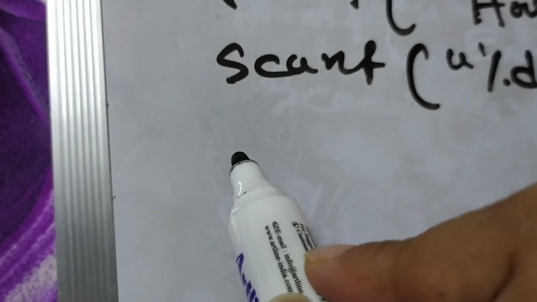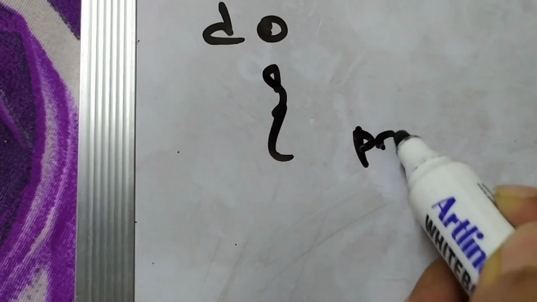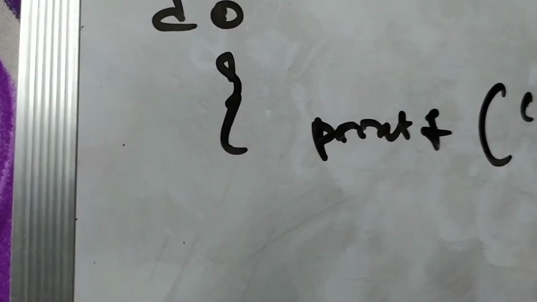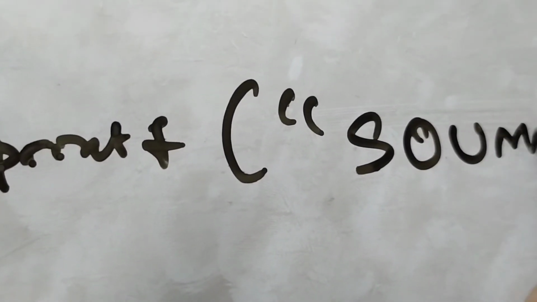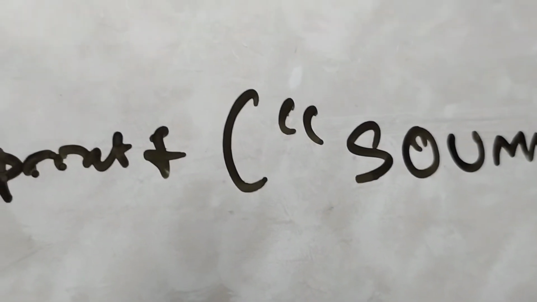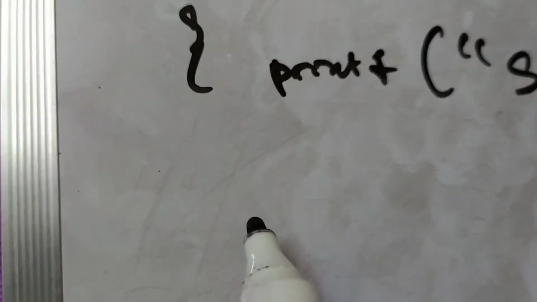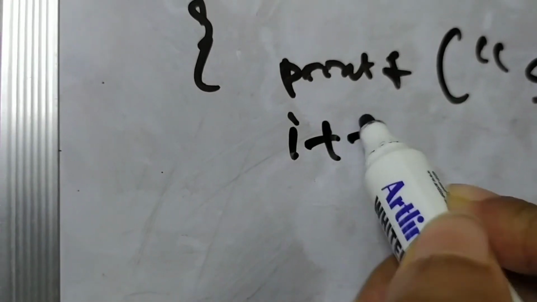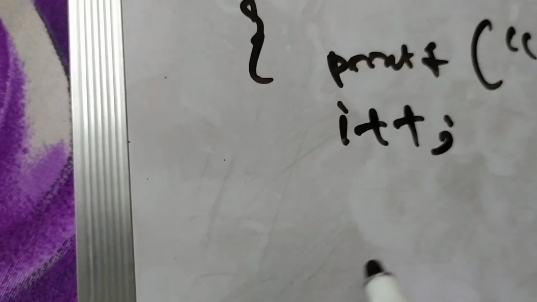Now I'm taking the do loop, printf. Suppose I want to print my name, Somojit, multiple times, so I'm using the increment operator here.